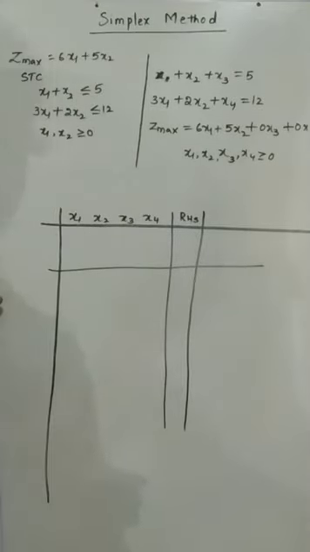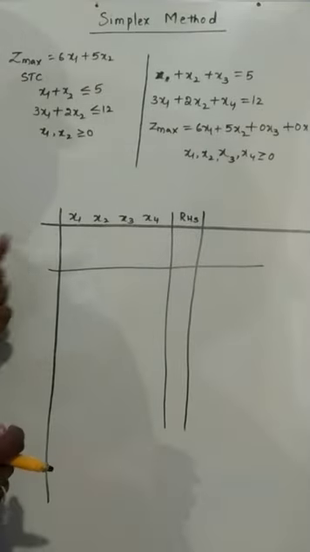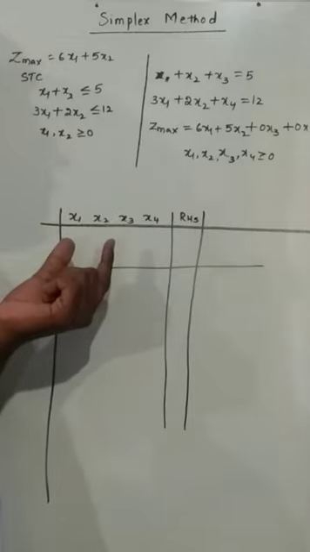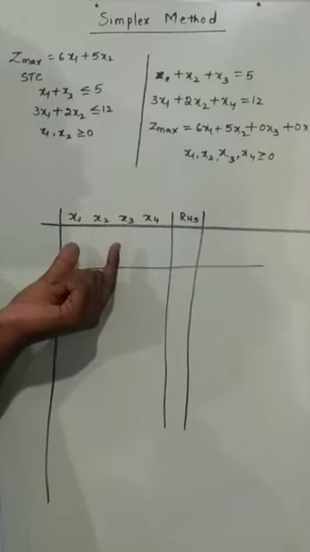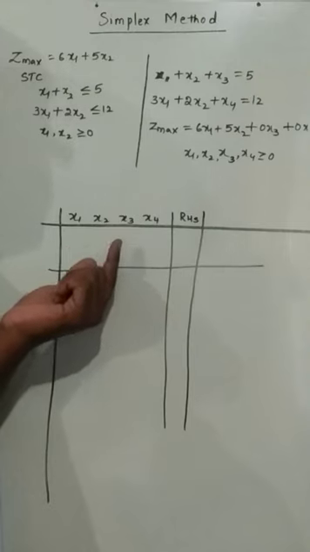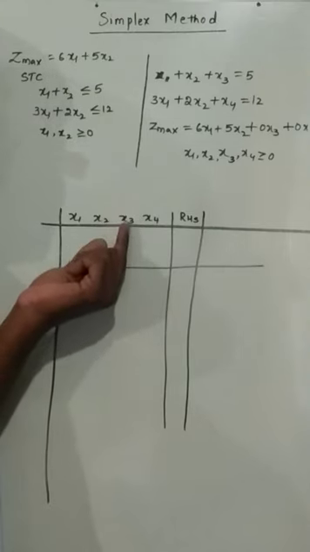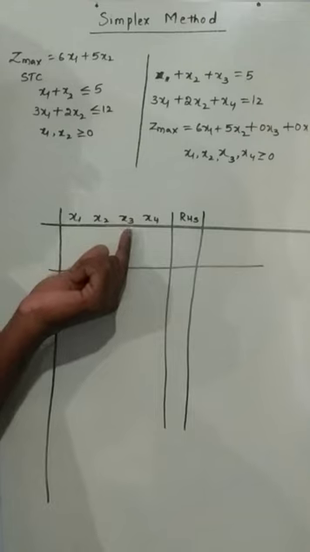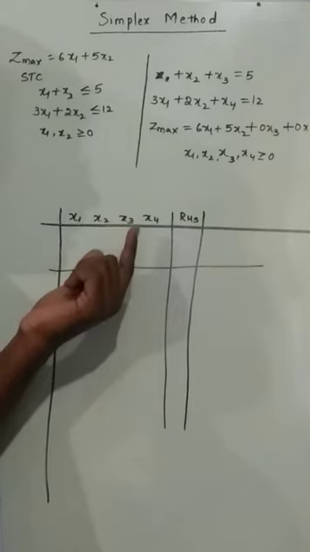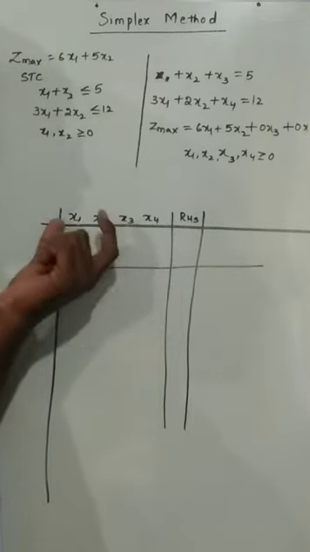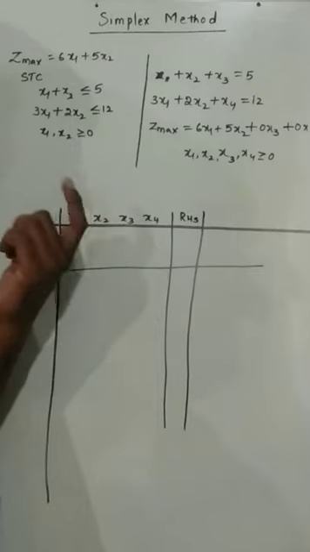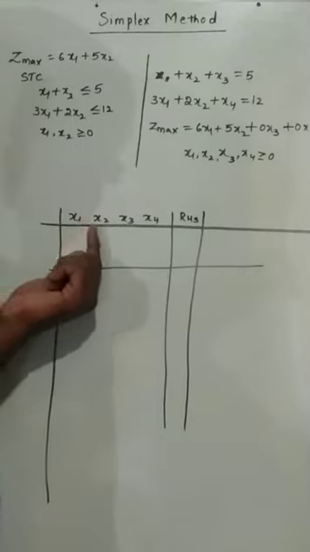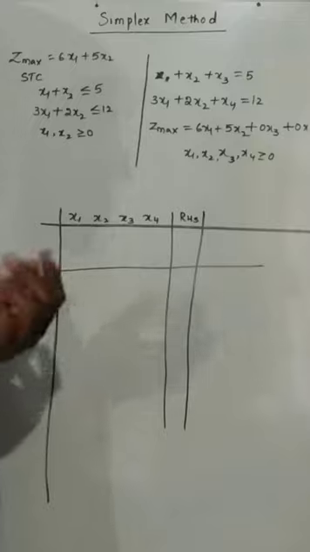Now we know that the simplex method will not evaluate infeasible solutions. Because of that, the variables we have added as extra variables, the slack variables, we make them basic variables, and the remaining two variables are called non-basic variables.